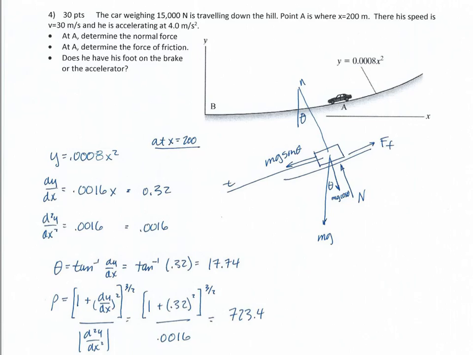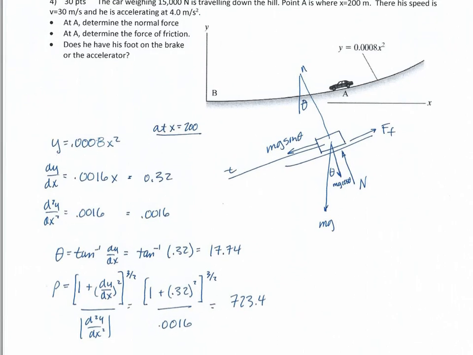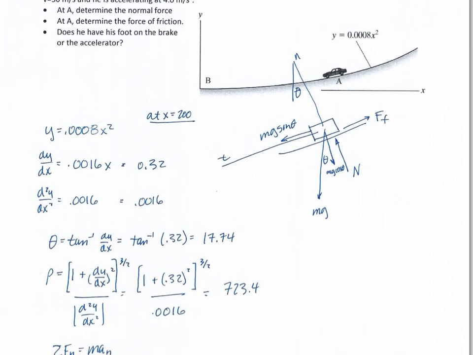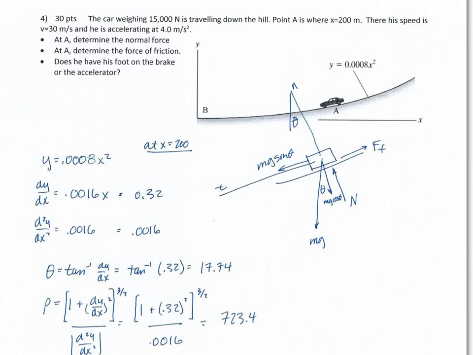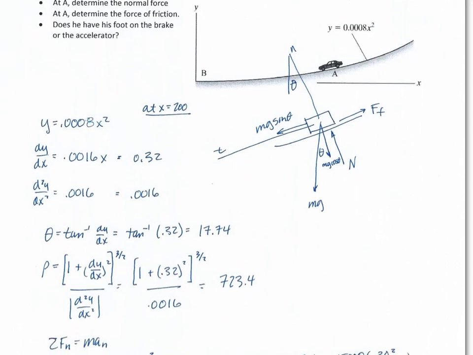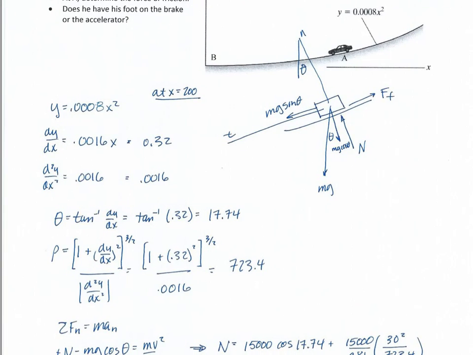All right, so the first thing you do is take the derivatives of this line, and we need dy/dx and d squared y/dx squared, and so I've done that right here. And then we evaluate that at the distance, and this one was 200 meters, at x is equal to 200 meters. We resolve that, and we can see that dy/dx is 0.32 and d squared y/dx squared is 0.0016. We can now find the next two things, which are theta and rho.